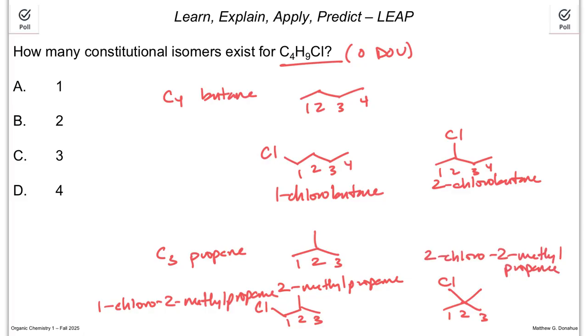So based on that exercise and the responses, we would say we could draw 4 constitutional isomers, but that's not the total number of isomers possible.